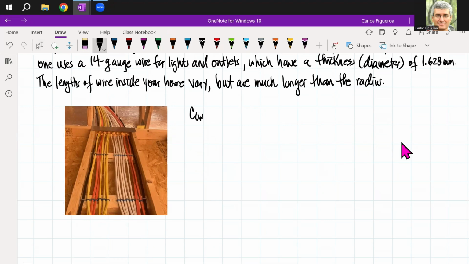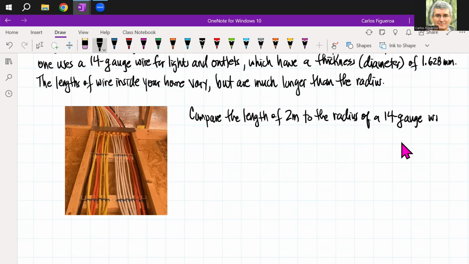So if you compare the length of 2 meters, which is about 6 feet, and your room is typically much wider than 6 feet, to the radius of a 14 gauge wire, the ratio shows that if I take the length over the radius, I have to divide the diameter to get the radius.